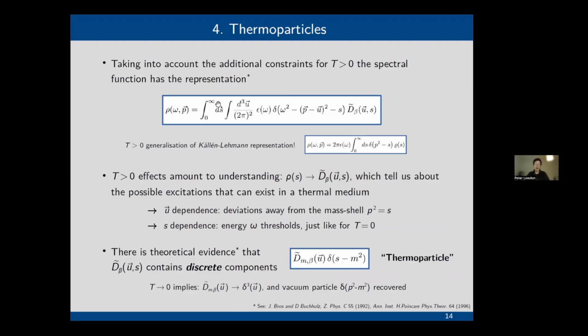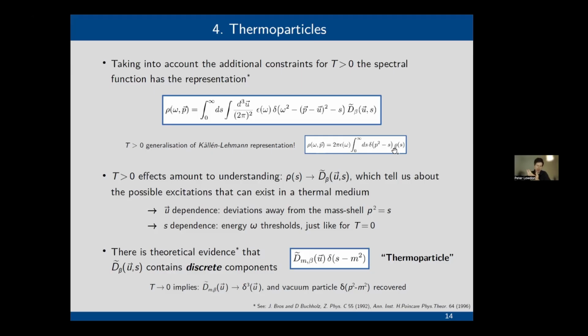And this is what we find. This is a representation that was derived in the early 90s by Jacques Bros and Detlev Buchholz. Basically, this is the finite temperature generalization of the textbook Källén-Lehmann representation. If we're in a vacuum system, your spectral function can always be written like this.